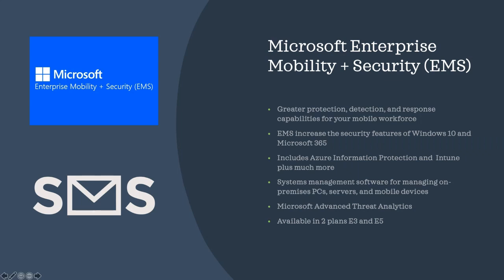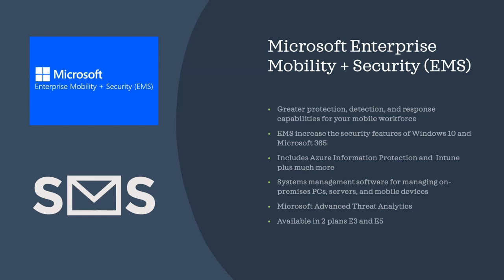So this is just like an add-on that I've added at the end of the webinar. This is more of an enterprise solution, but Enterprise Mobility and Security, or EMS for short, is effectively very similar to the previous two products that I've just discussed.